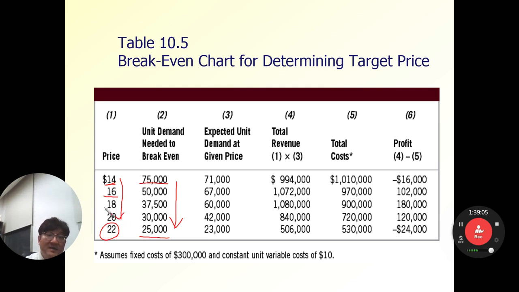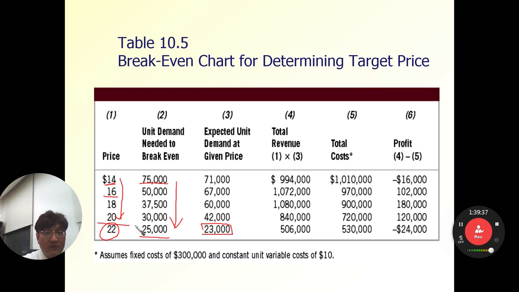When we increase the price to $22, the demand further decreases to 23,000. At $22 the break-even point is smaller at 25, however the demand decreases even further, so it becomes smaller than the break-even point, which means what? We cannot reach the break-even point.